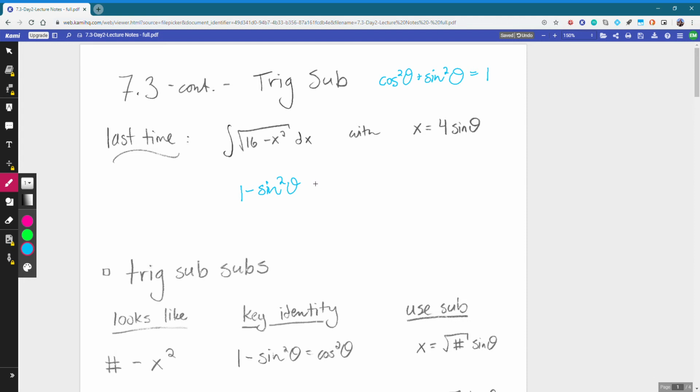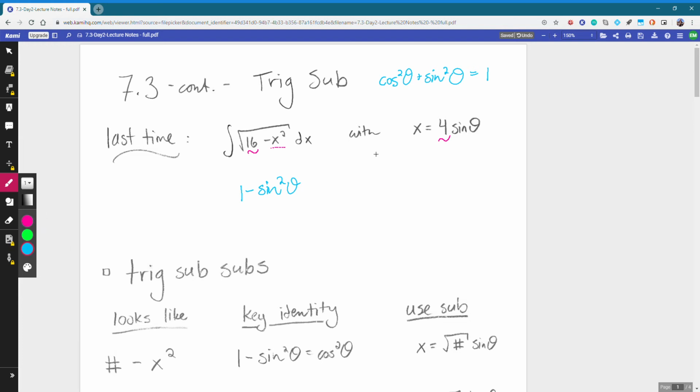So maybe if we do this substitution over here, where this 4 is strategically chosen so that when we sub in for x and square things, this 4 becomes 16, matching up with this number over here, then we can pull things out, and we'll get left with exactly the 1 minus sine squared we want to see.